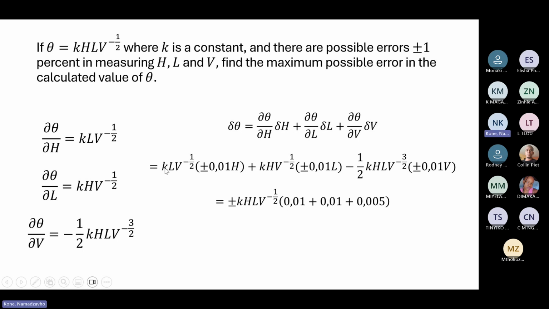Then K is there everywhere. From here, K is there, K is there, K is there. We factor it out. There it is. Then L is there here, but also L is here. You see here, there's no L, but here there is L. So that is the one that we have taken out, which you see there. Then the H as well. Everywhere else there's H. Here it is not there, but inside this bracket, H is there.